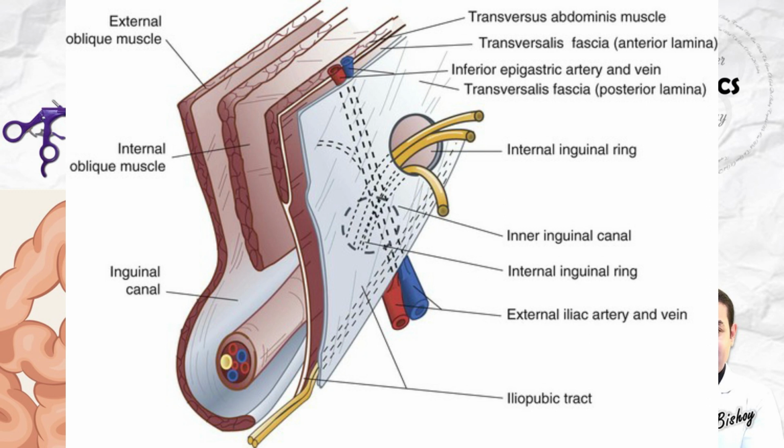And take care, the clinical application of the fascia transversalis is that the internal ring is within it, and the repair will be at the internal ring, where you can put your mesh over the fascia transversalis. So the tension-free mesh in the Lichtenstein repair, the hernioplasty in adults, will be over the fascia transversalis.